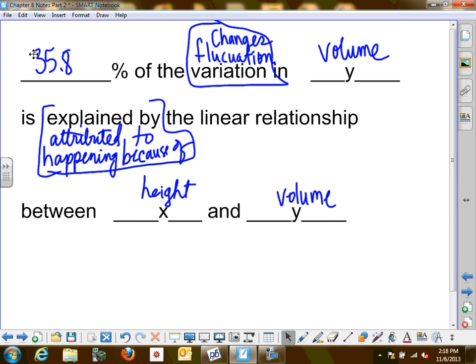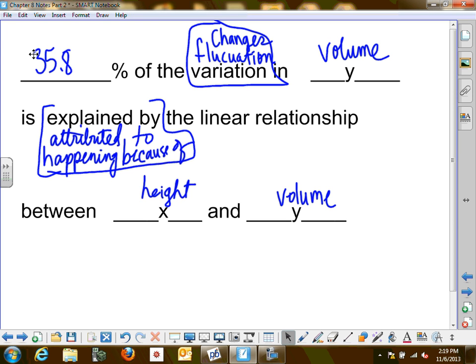Well, what do you think the other part is attributed to? Why else would there be differences in volume? Weather, so maybe it has more liquid or water in it. How about density, the type of tree? Oaks are a lot harder than pines as far as the trees go.